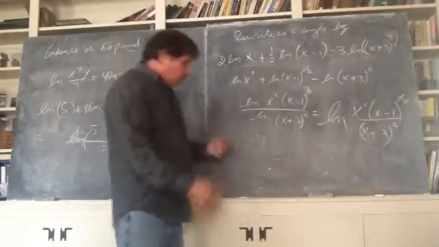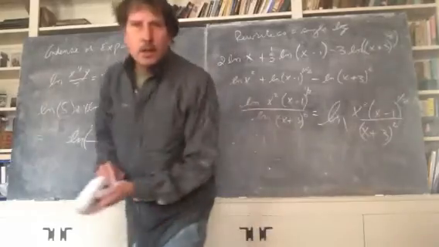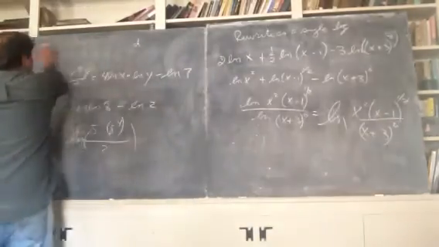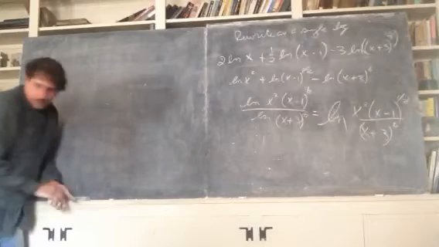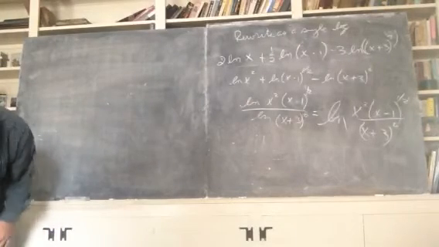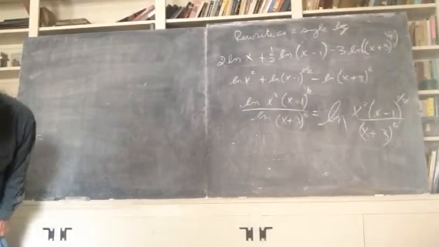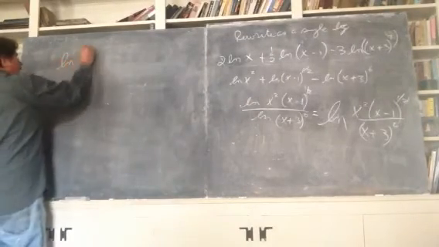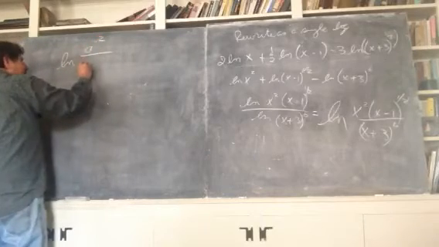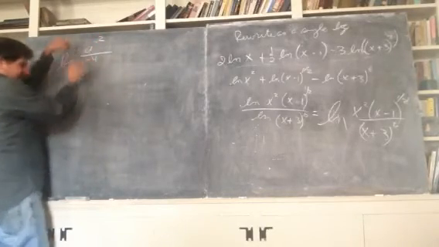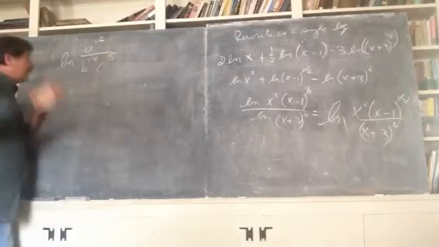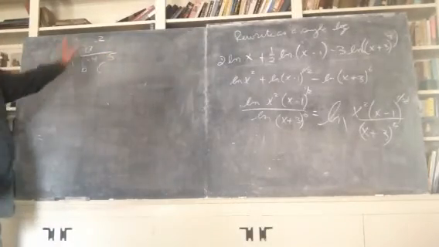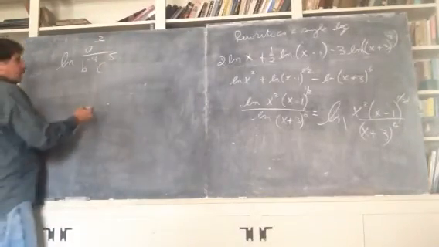One more example and we'll go backwards. Again, the hard part of these examples is writing it down. ln of a to the negative 2, b to the negative 4, c to the 5th. Now I want to rewrite as several logarithms.